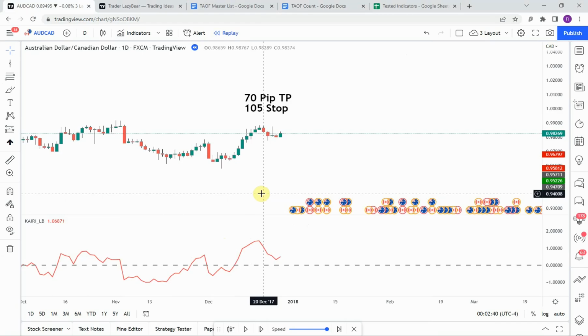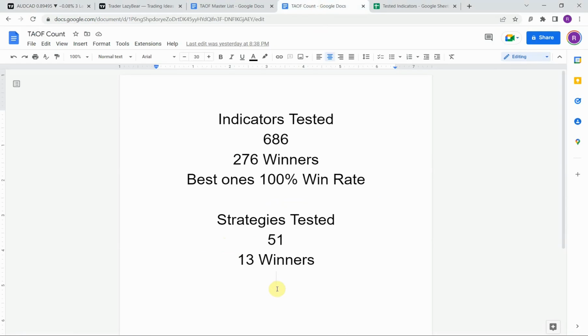Alright, as I said, today we will be testing the KRI indicator. Before we do though, I wanted to put the testing scoreboard up for everyone to see. So to date, we have tested a total of 51 different strategies, with 13 of them being profitable. We've also tested a total of 686 indicators, with 276 of them being winners.